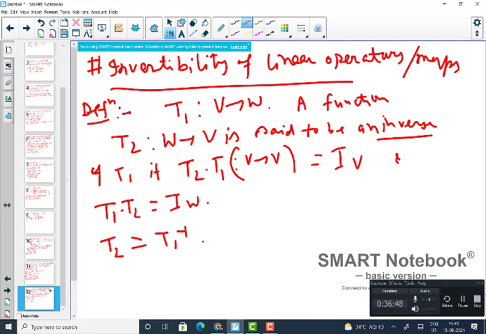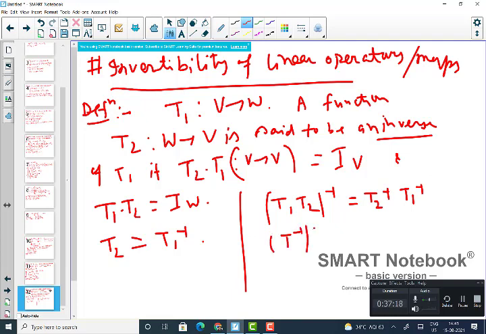The basic property tells you that if you have two maps, T1 and T2, and you want to take the inverse of the composition, that will be T2 inverse, T1 inverse. This is exactly the inverse of matrices. And the inverse of the inverse will be the same, so T inverse inverse will be T. These are simple properties.